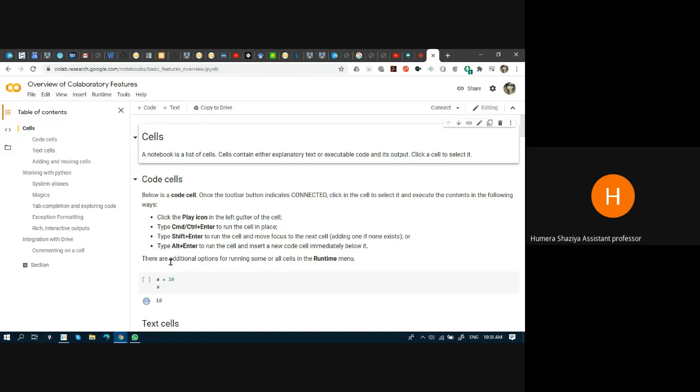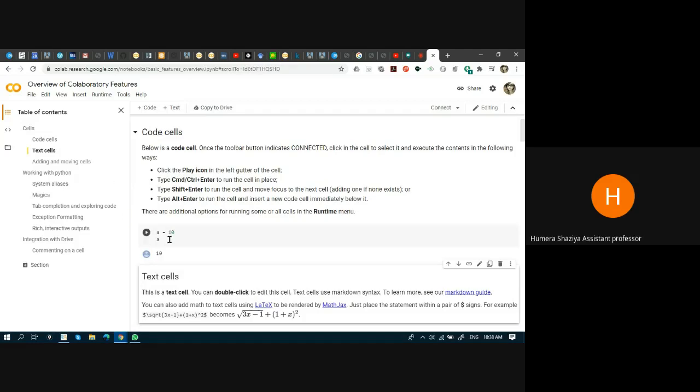So there are four ways. Just by clicking on the play icon at the left side of the cell, you can press Control Enter to run the cell, Shift Enter to run the cell and move the focus to the next cell, Alt Enter to run the cell and create a new cell immediately below it. All right, please remember these.